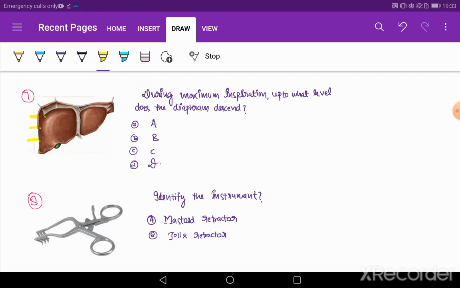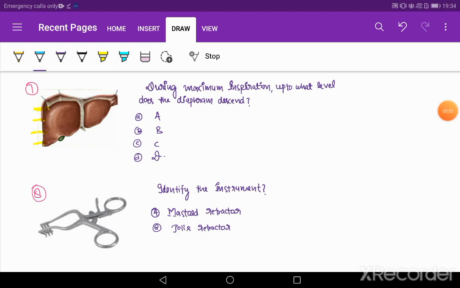This one. Guys, this is the point from where the diaphragm descends during maximum inspiration. It is related to the diaphragm opposite the 7th to 11th ribs in the mid-axillary line. This is the right lateral surface.